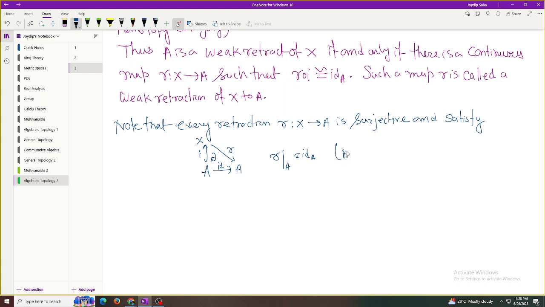That means R is an extension of identity to X. A equals the set of a belongs to X such that R(a) equals a.